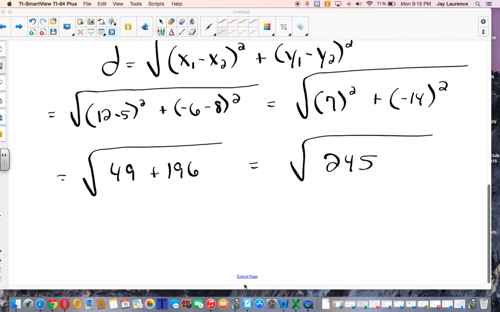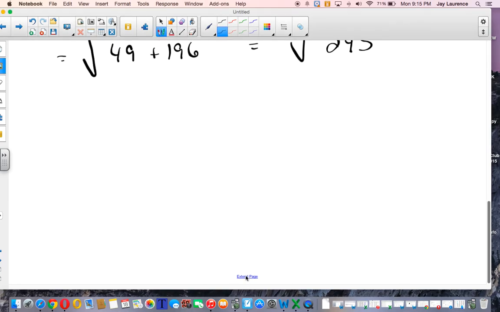Real simple. Tell you what, I will put a couple on here. Just make up a couple off the top of my head, and then you can try them and check them with me at a later date. All right? Let's go -7, 12, and the point -10, 15.